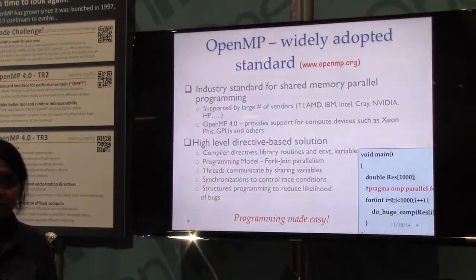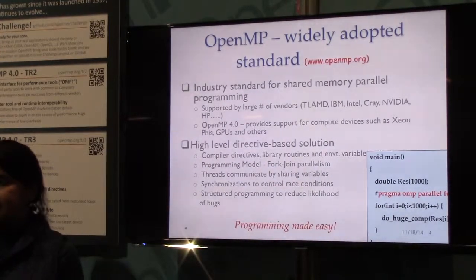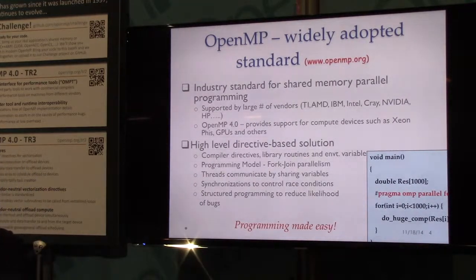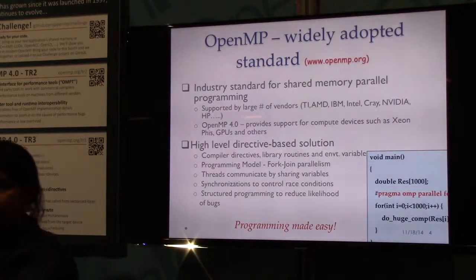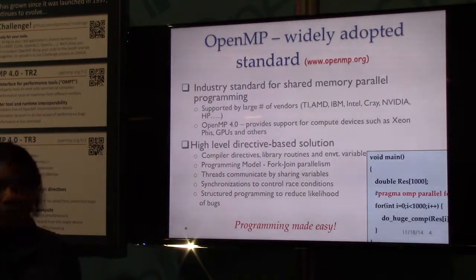And of course, I'm sure all of you have heard about OpenMP 4.0, which was released last year, and it supports heterogeneous systems, Xeon Phis, GPUs, and other compute devices like Texas Instruments DSPs, for instance. There's plenty of documentation available out there, so definitely go check it out. It's a high-level directive-based solution. It's got compiler directives, library routines, and environment variables, and the simple concept that it follows is fork-join parallelism.